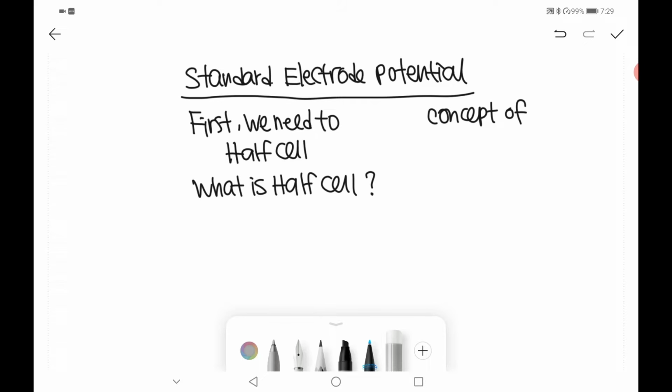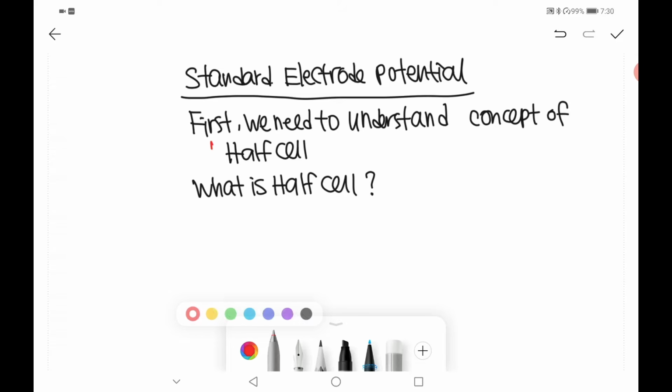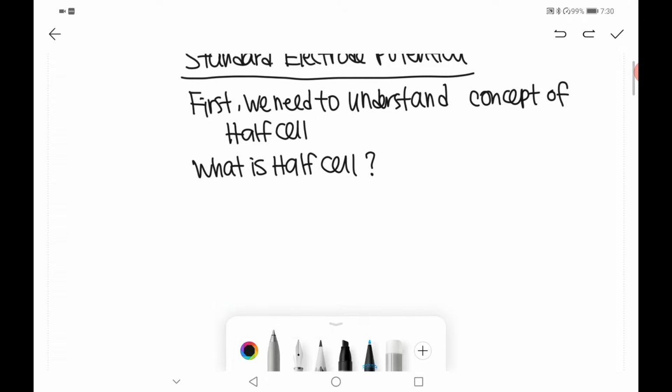the concept of half cell. Let me write down first. First of all, we need to understand the concept of half cell. So what do we mean by half cell in chemistry? Half cell in chemistry is actually a combination.